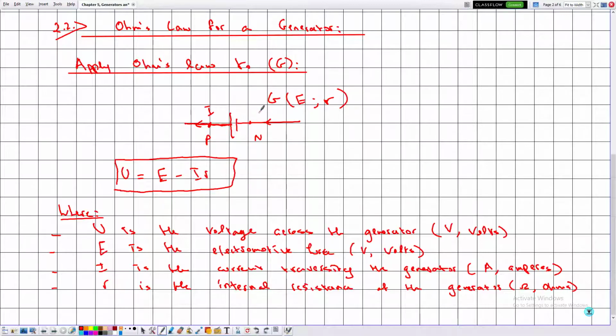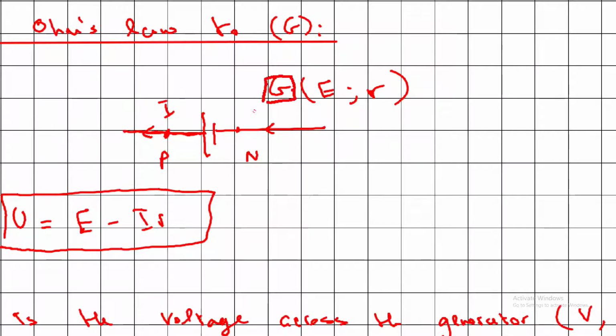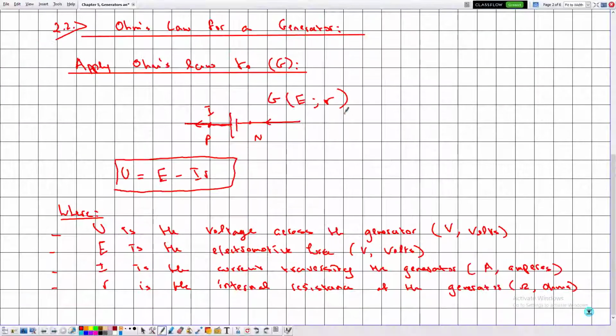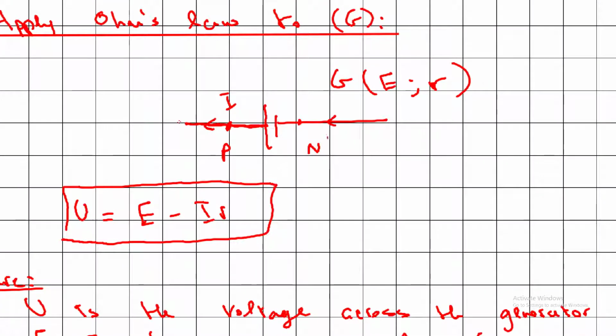So here this generator is being characterized by the following quantities: E, the electromotive force, and R, the internal resistance. So the voltage across the generator is given by E minus IR. Why do we have a minus sign between this term and this term, and more importantly, what does each term represent?